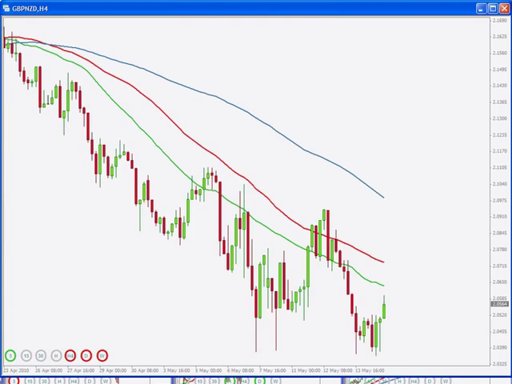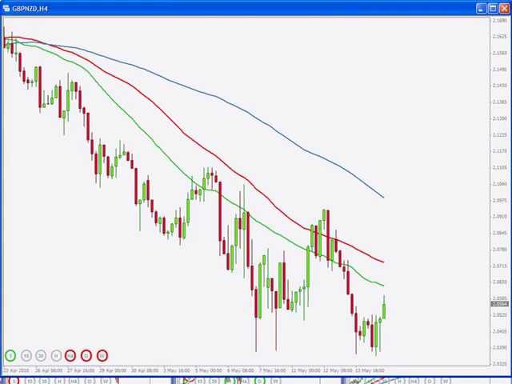In a previous video, we were explaining how to use the moving averages in order to determine what's the best time frame to follow one specific currency pair. Or rather, in other words, to which time frame one specific trend belongs.